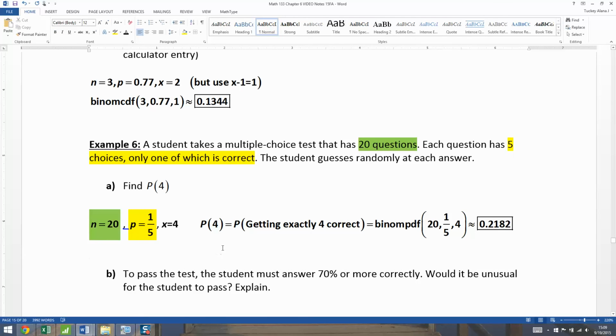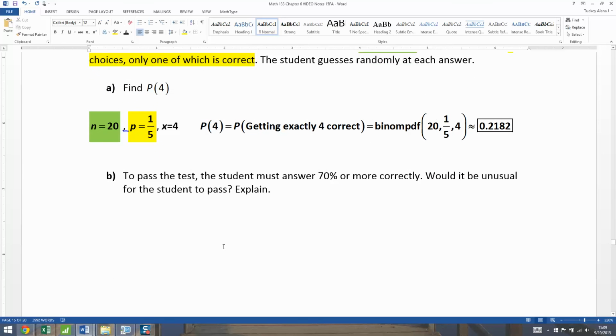Now to pass the test, the student must answer 70% or more correctly. Would it be unusual for the student to pass? Well, I'm going to guess yes, but we're going to have to figure out how. All right, so to pass, they must receive 70% or more. So let's figure this out. We know that n is 20 and p is 0.2. That part hasn't changed. We want to pass.